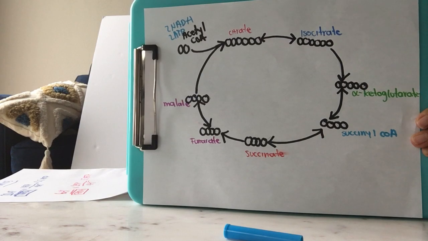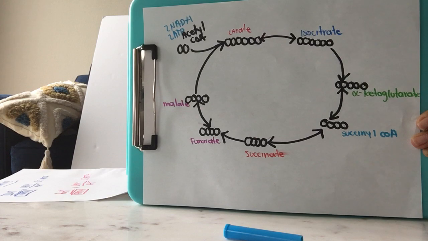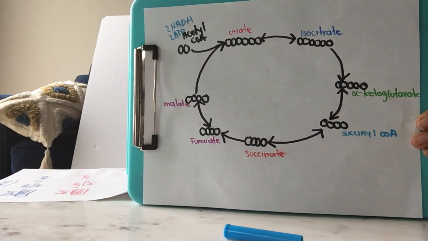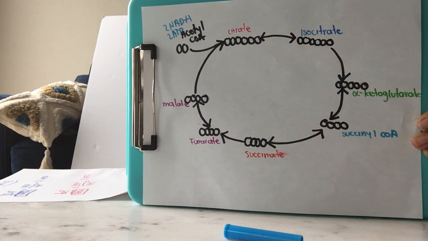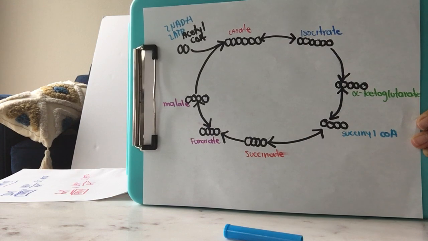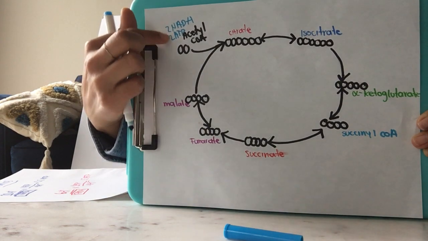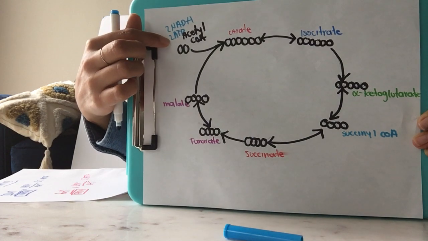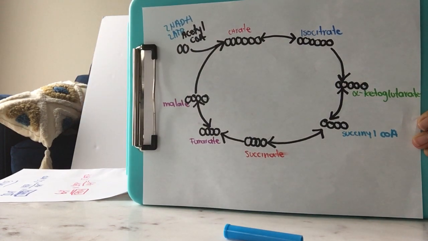Then the pyruvate is transitioned into the mitochondria. We talked about how it enters this preparation step, and an enzyme CoA is added. Then the two NADH and the two ATPs are produced.